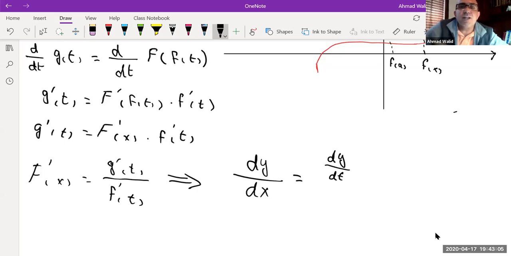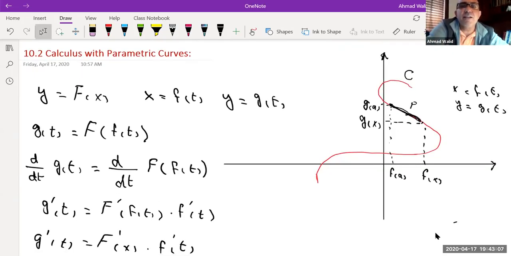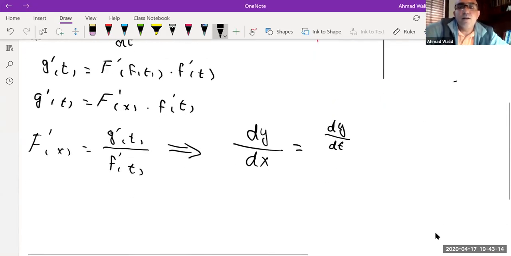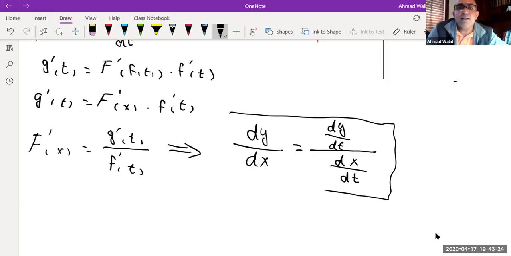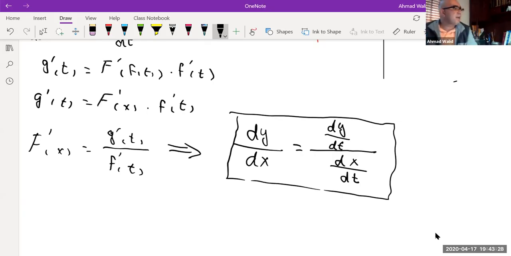Look at your function, g prime. If I ask you to find g prime, it's dy over dt, all over dx over dt.